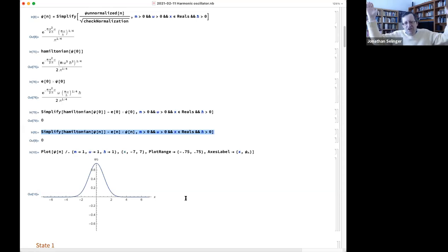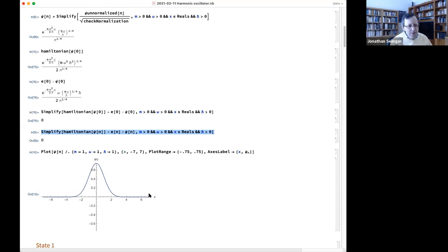The potential energy gradually gets higher and higher, and so the wave function gradually gets smaller and smaller. But it's an asymptotic decrease. And so the probability of having a particle way out from the origin is extremely small, but it's not 0. So this is the ground state, the lowest energy state.